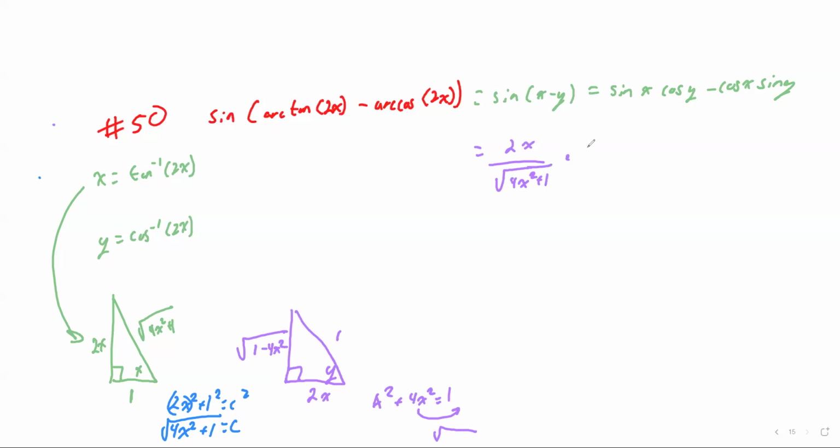So that's going to be 2x minus cosine of x. So that's adjacent. So that's going to be 1 over the square root of 4x squared plus 1 times sine of y, which is opposite over adjacent. So that's going to be square root of 1 minus 4x squared over 1.